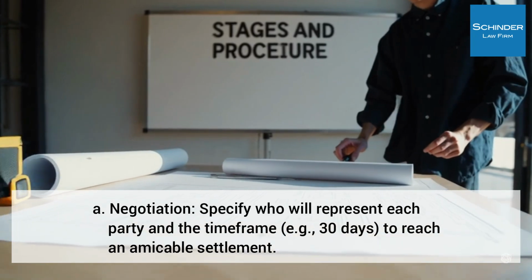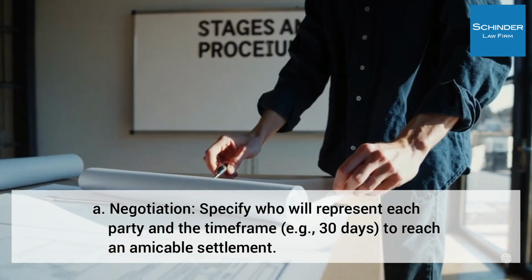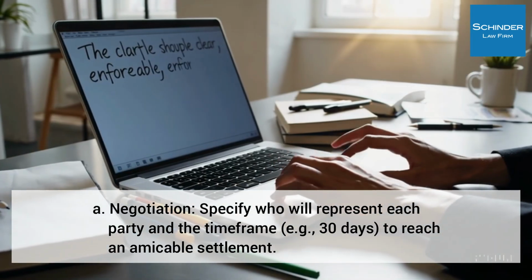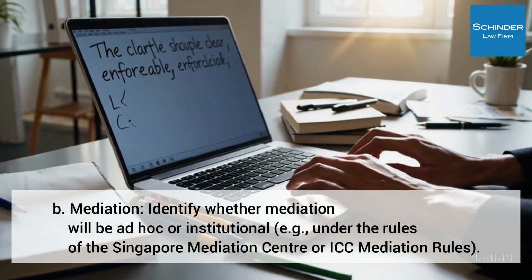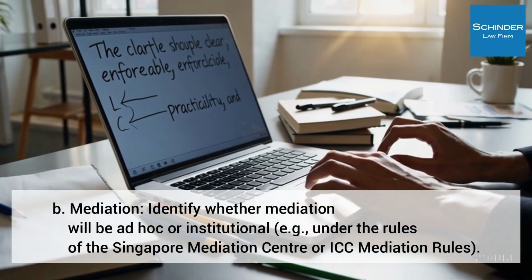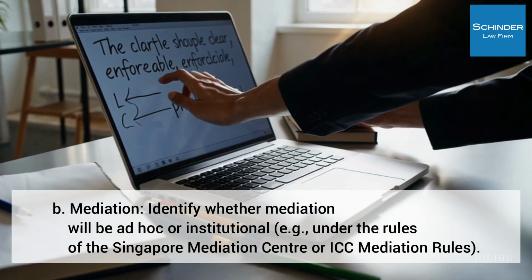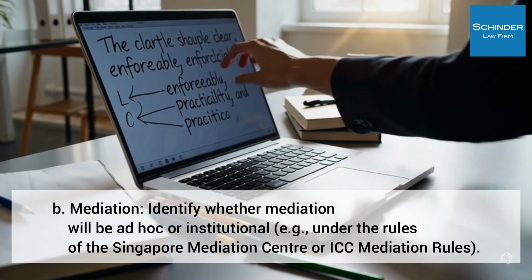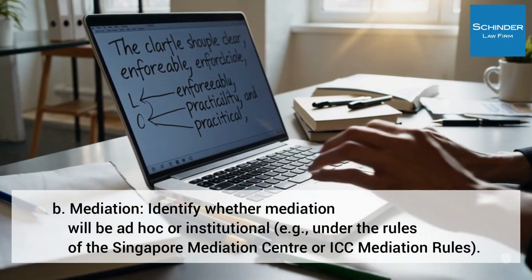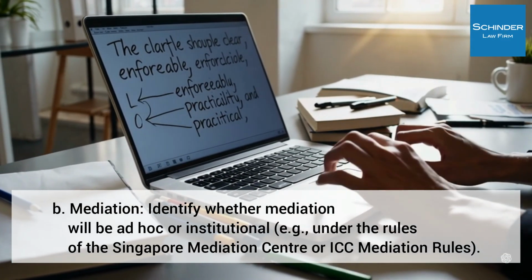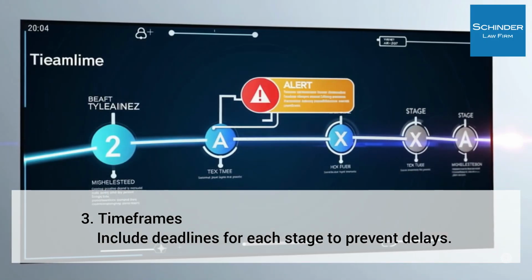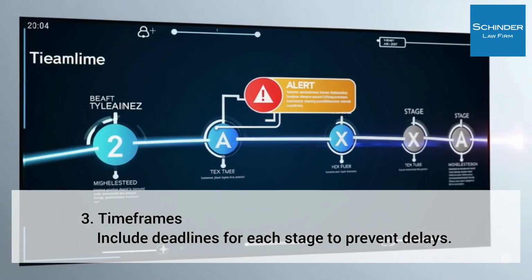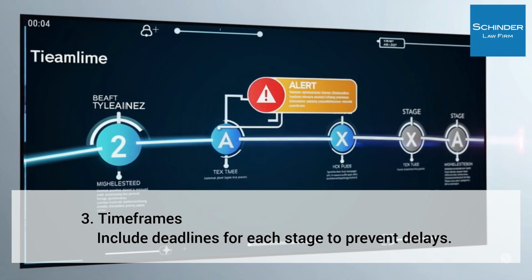Specify who will represent each party and the time frame, for example 30 days, to reach an amicable settlement. B. Mediation. Identify whether mediation will be ad hoc or institutional, for example under the rules of the Singapore Mediation Center or ICC mediation rules. 3. Timeframes. Include deadlines for each stage to prevent delays.